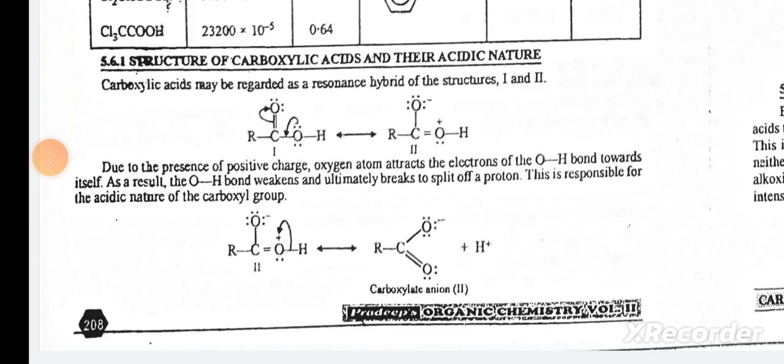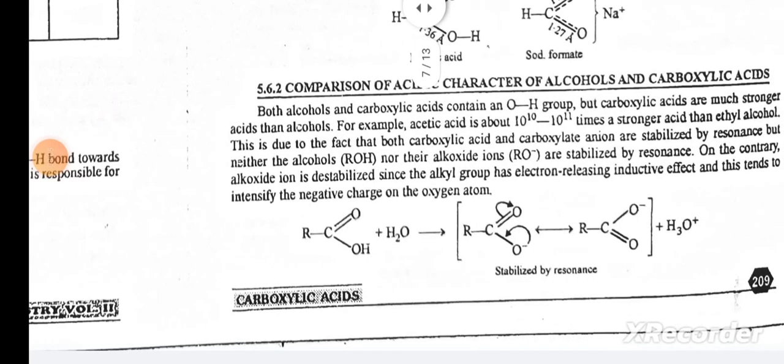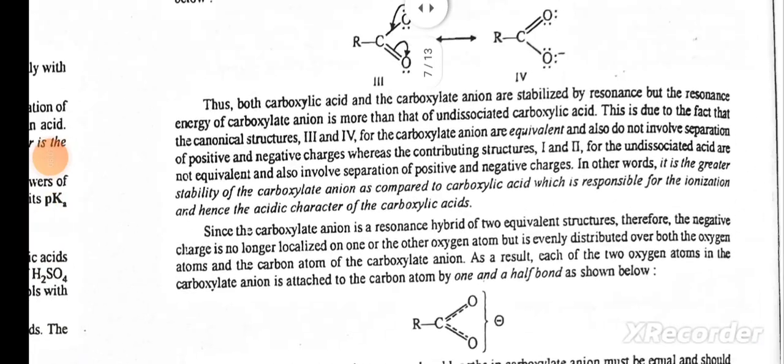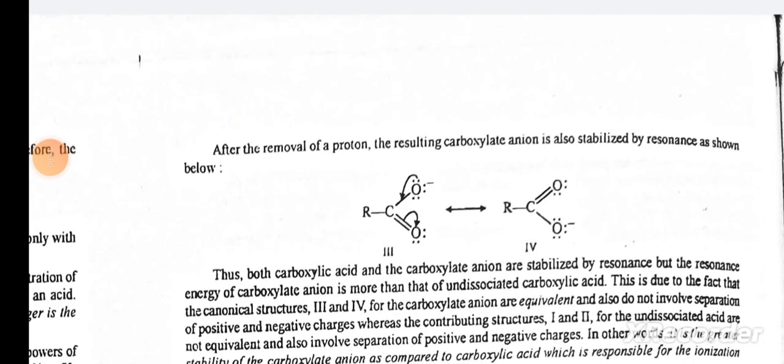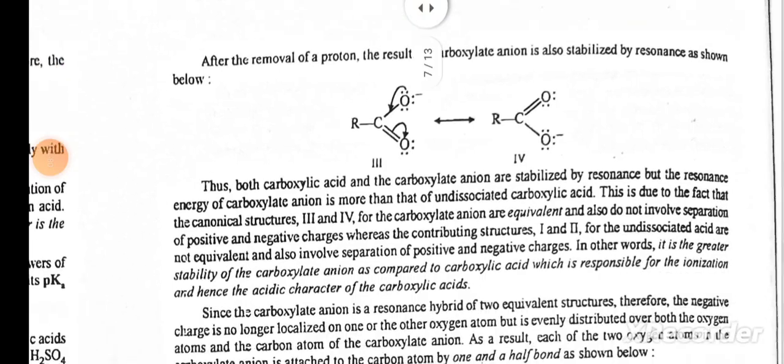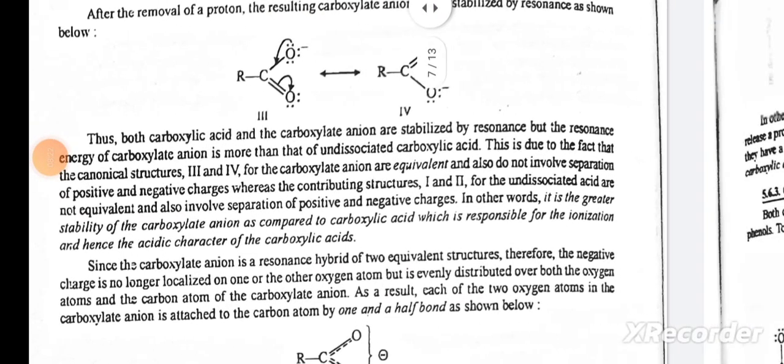Carboxylate anion. After the removal of a proton, the resulting carboxylate anion is also stabilized by resonance as shown below. Thus, both the carboxylic acid and the carboxylate anion are stabilized by resonance, but the resonance energy of the carboxylate anion is more than that of the undissociated carboxylic acid.